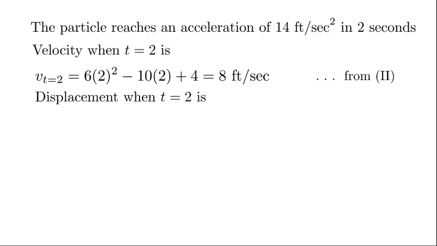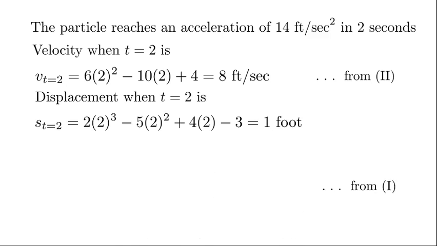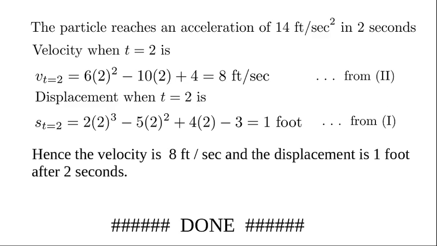And the displacement when t equal to 2 is given by s at t equal to 2, working out to be 2 into 2 cube minus 5 into 2 square plus 4 into 2 minus 3 equal to 1 foot. This is from equation 1. Hence, velocity is 8 feet per second and the displacement is 1 foot after 2 seconds.